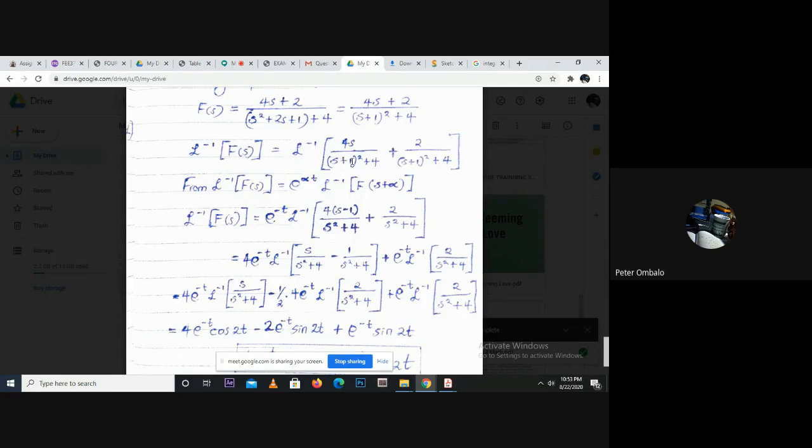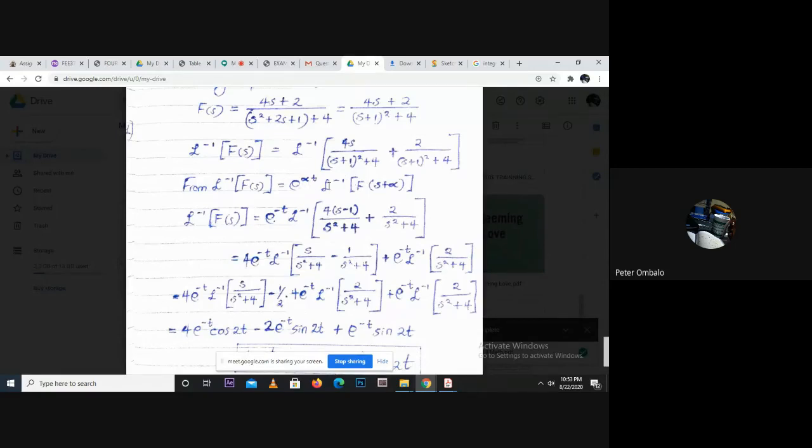We have an s plus 1 squared here, which is a little stubborn. So we want to make it an s squared. Once we have an s squared plus 4, we are getting closer to what we can find an inverse of. To make this s squared plus 4, we have to subtract a 1 from here, so that it's s plus 1 minus 1.